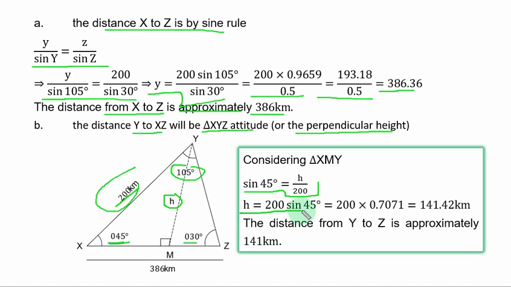You have it in this form, and 200 times 0.7071, the value of sine 45 degrees. After multiplication, you have this value. The distance from Y to SZ is approximately 141 kilometers.